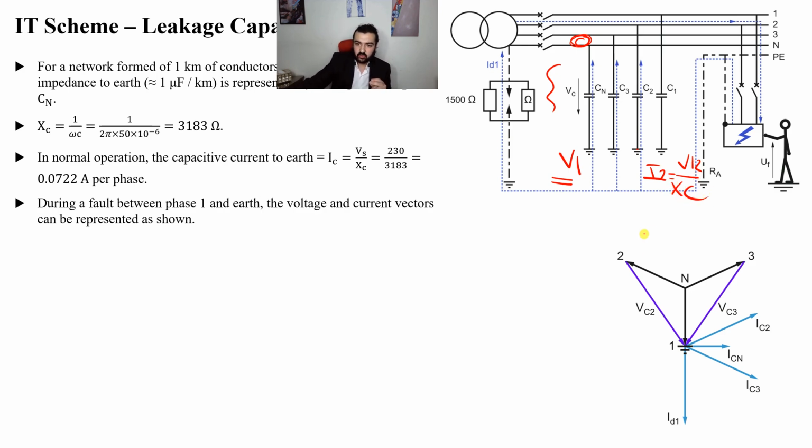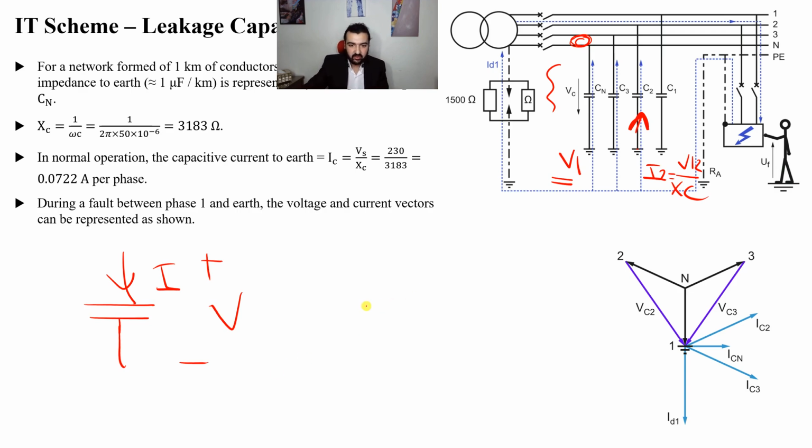Okay, now remember that we have a current here. What is the relation between current and voltage in a capacitor? So if we have a capacitor and the current I flowing through it, we have here potential V. What is the relation between I and V? What I mean by this is the relation in terms of angles.